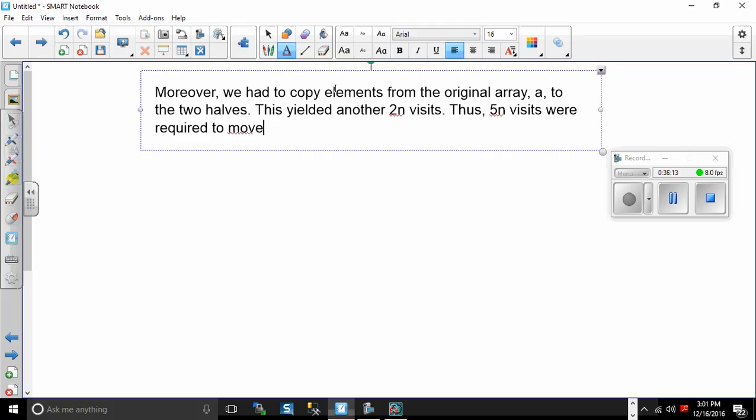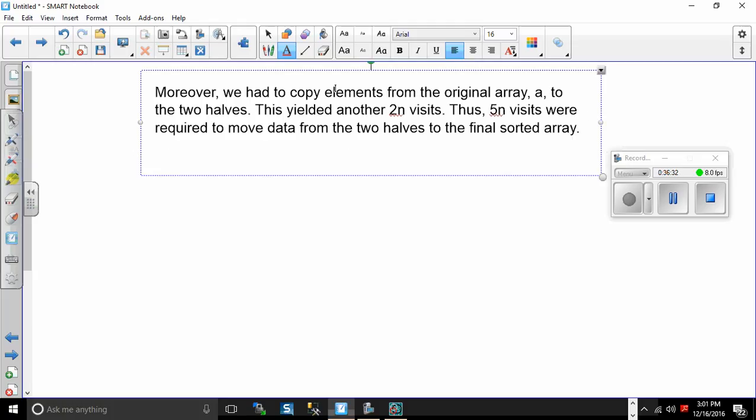To move data from the 2/2 to the final sorted array. All right. Okay, so moving on, step 3.